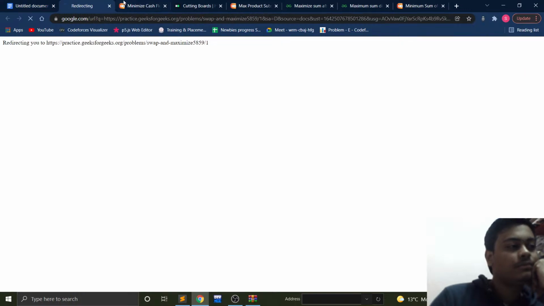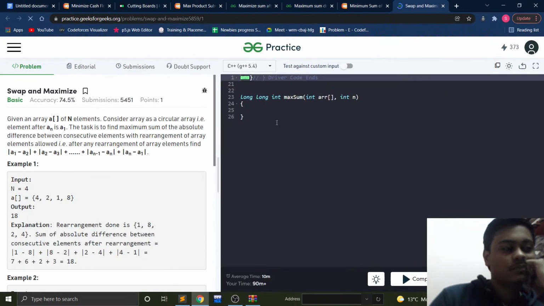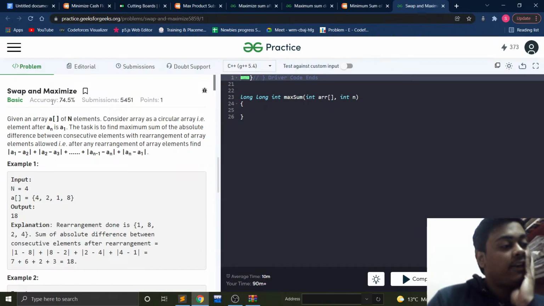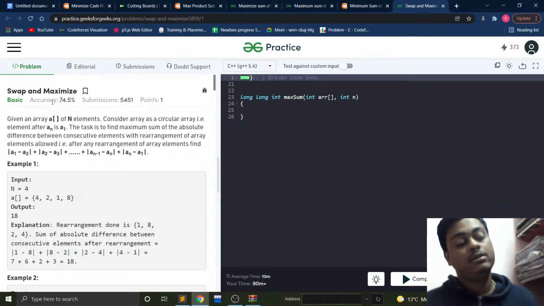Last problem. This is a basic level problem. Given an array A of n elements, consider the array as a circular array. Element after An is A1.